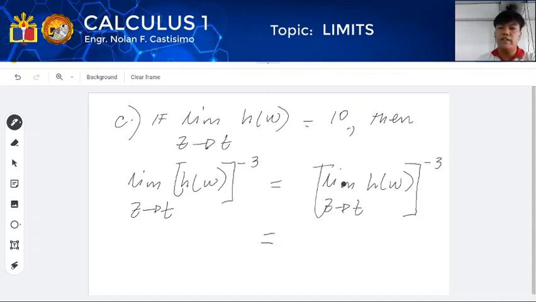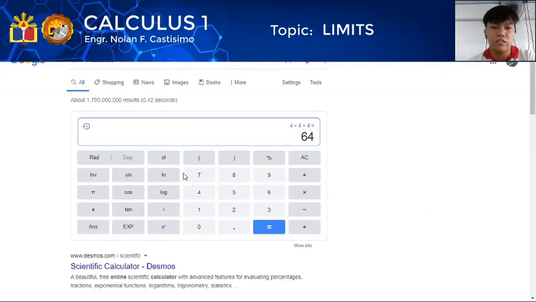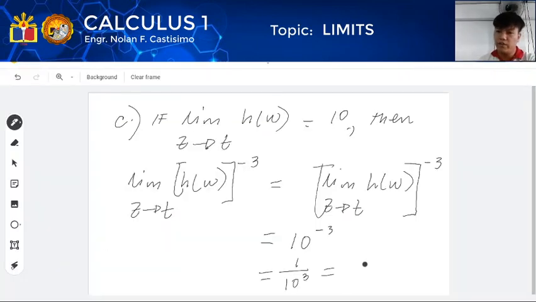Ano yung value natin dito sa limit na to? Value natin is equivalent to 10. And then, kunin natin yung exponent na negative 3. So, ano magiging sagot ulit dyan? Ibababa ulit natin. So, 1 over 10 raised to 3 is equivalent to 10 times 10 times 10. Ilan yun? 1,000. So, we have 1 over 1,000. Final answer.